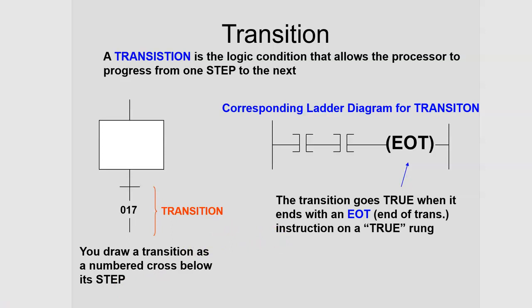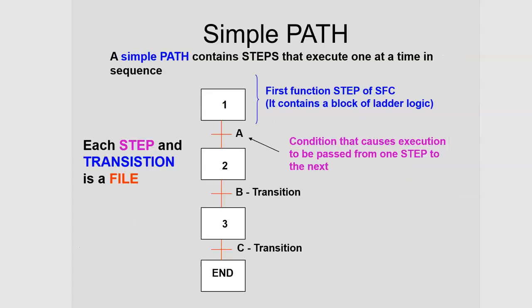So the step and the transition. Well, what you can do then is start to build from there. I can have multiple steps and transitions together. And when you do that, it's called a simple path. And so what happens is you fall down here into here, you run this ladder logic, whatever it is, you run that code, and then you check to see if it's okay to transition out of number one.